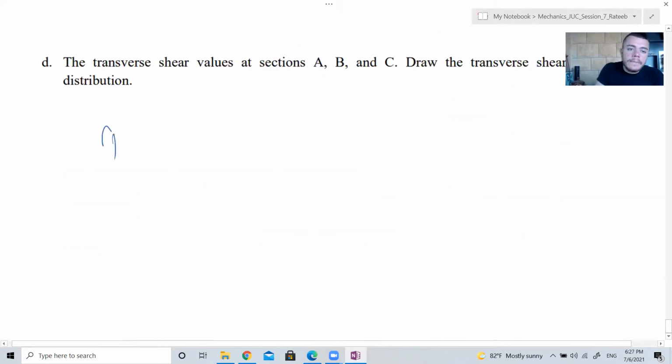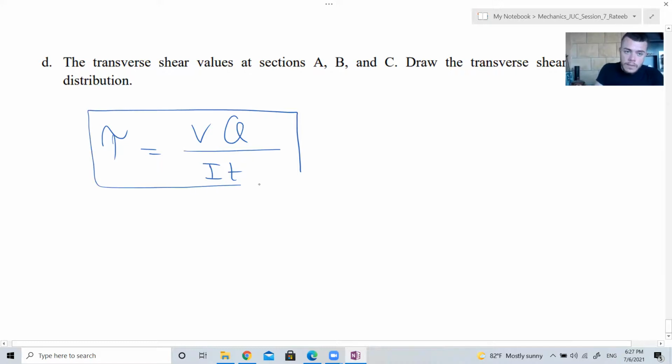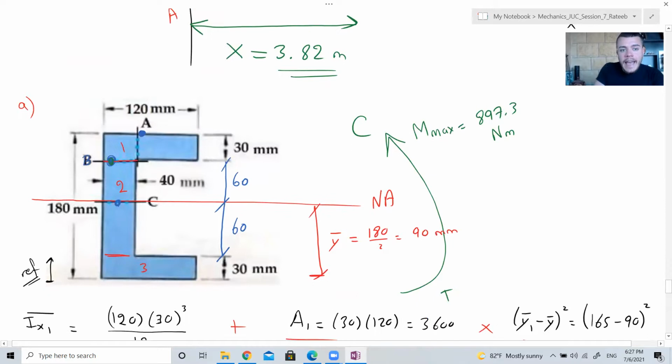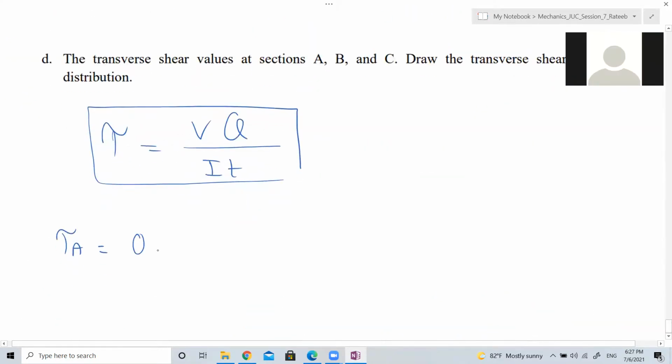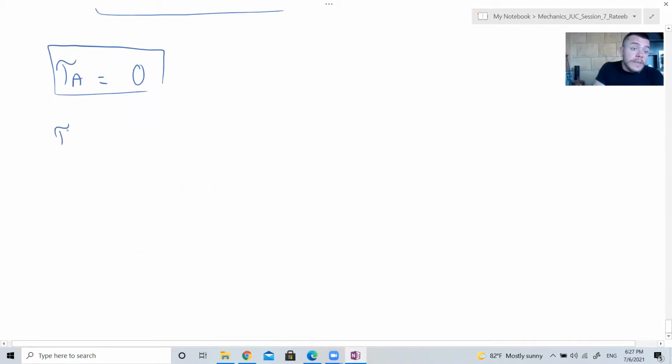VQ over I t. Right. What is the shear stress at point A, at the upper edge? 0. Right, it is 0.